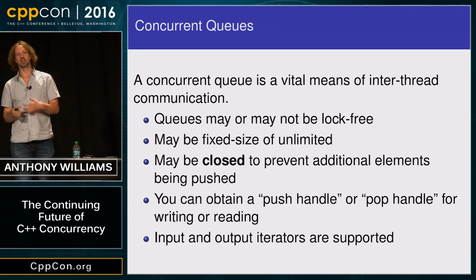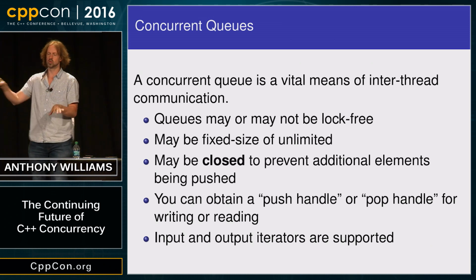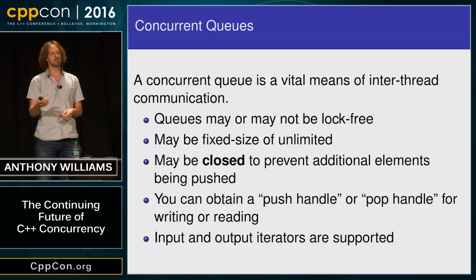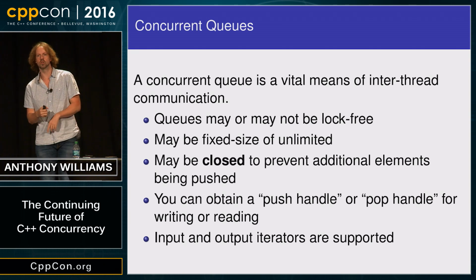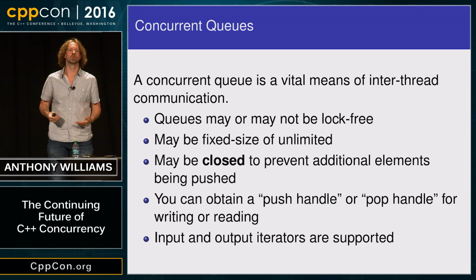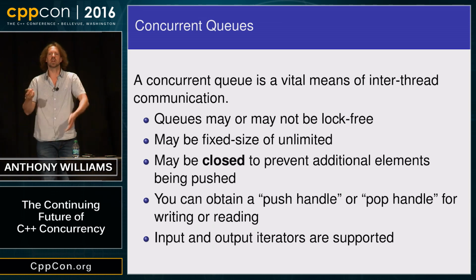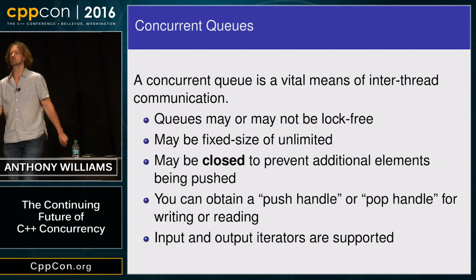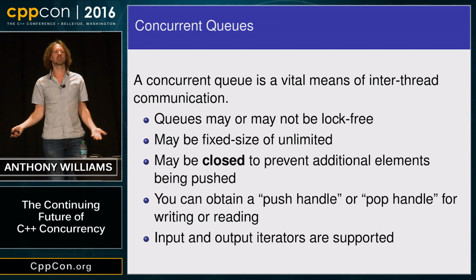The proposals give you lots of ways of tweaking that, so you can have lots of different queue types with all sorts of different properties. One nifty feature is the ability to close queues, because if you've got a bunch of work coming through, you can say, okay, I'm done now, done sending. So then the processing thread at the other end can ask, have I got more work to do? No, no more work. Okay, I can finish now, and it helps you with cleaning up.